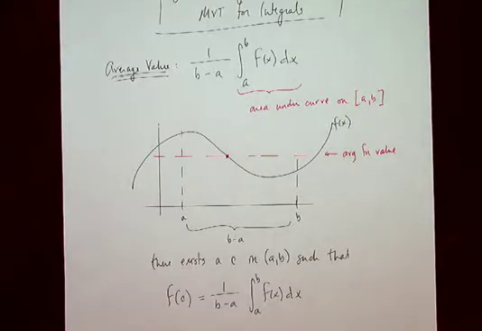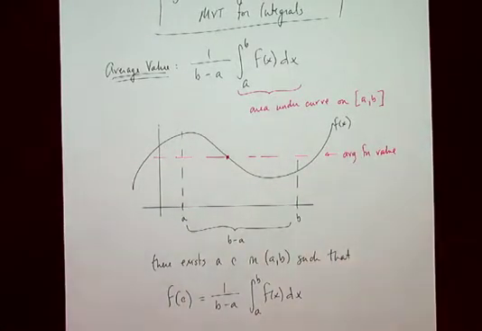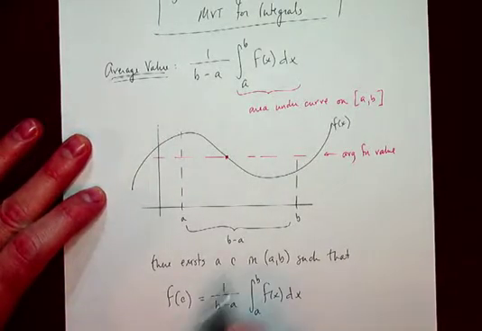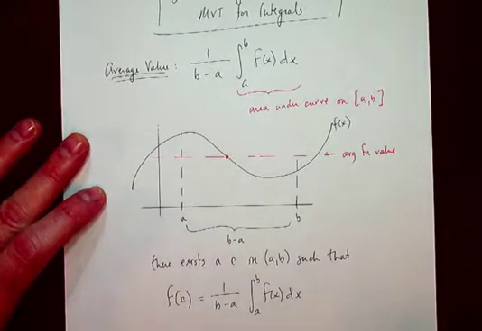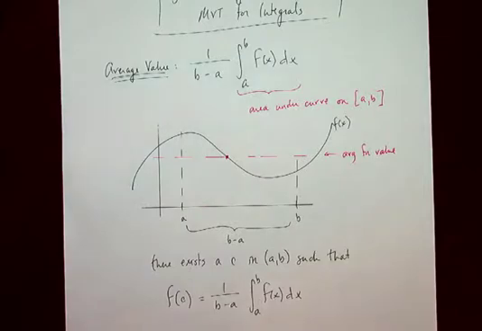Here, you're being guaranteed, as long as f is continuous, which we talked about on Friday, that there exists a C in AB such that the function value at C, the instantaneous function value, is equal to the average function value. Now, let's move on and do some examples, because I think that's where things really pay off.